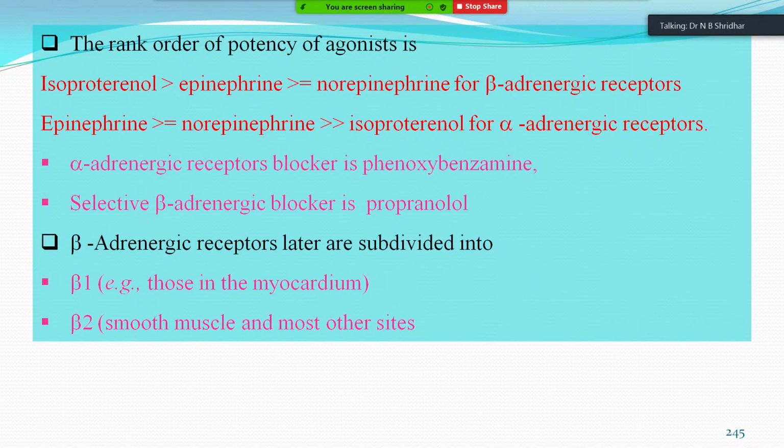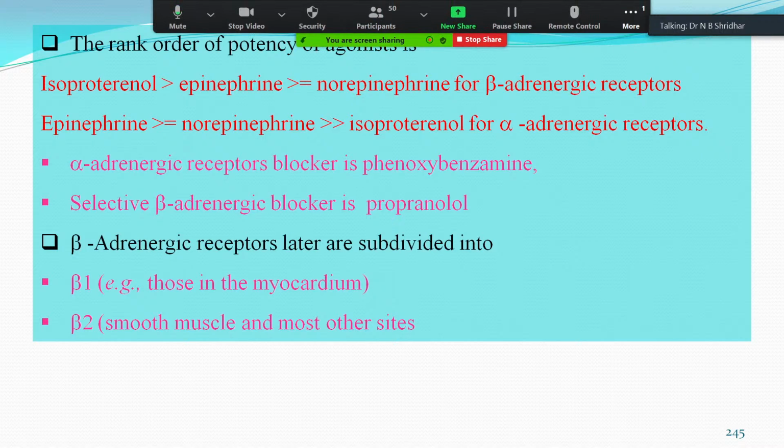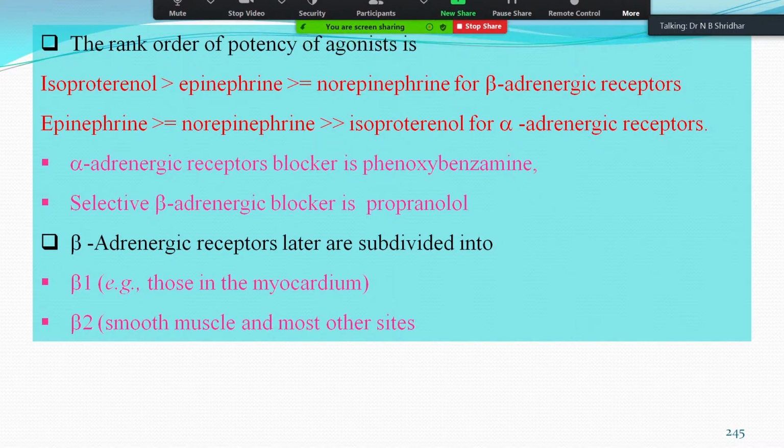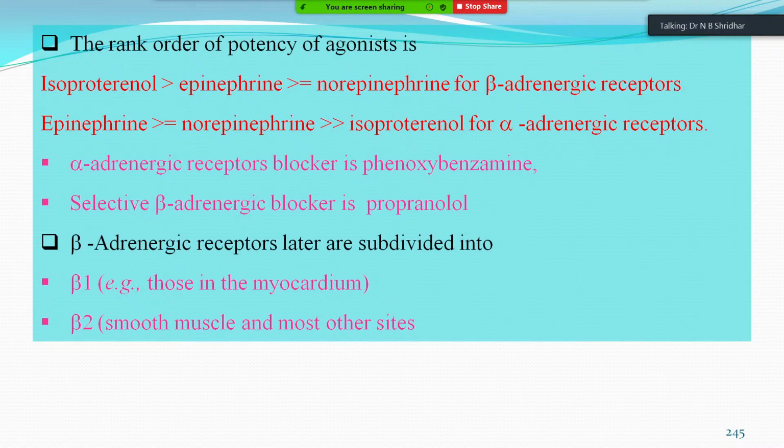So isoproterenol has stronger affinity to beta adrenergic receptors, whereas coming to the alpha receptors, epinephrine has more affinity than norepinephrine, and norepinephrine is still more potent than isoproterenol at the alpha adrenergic receptor.